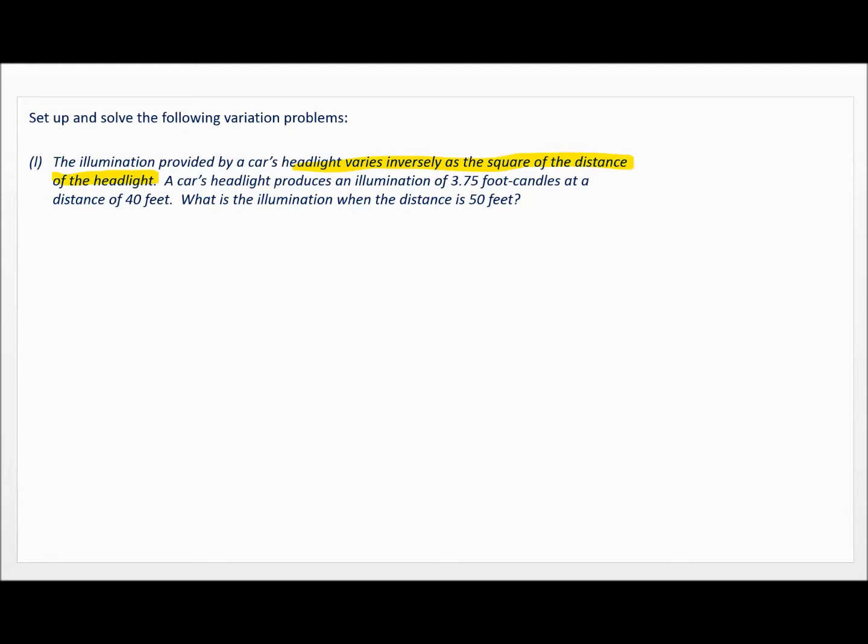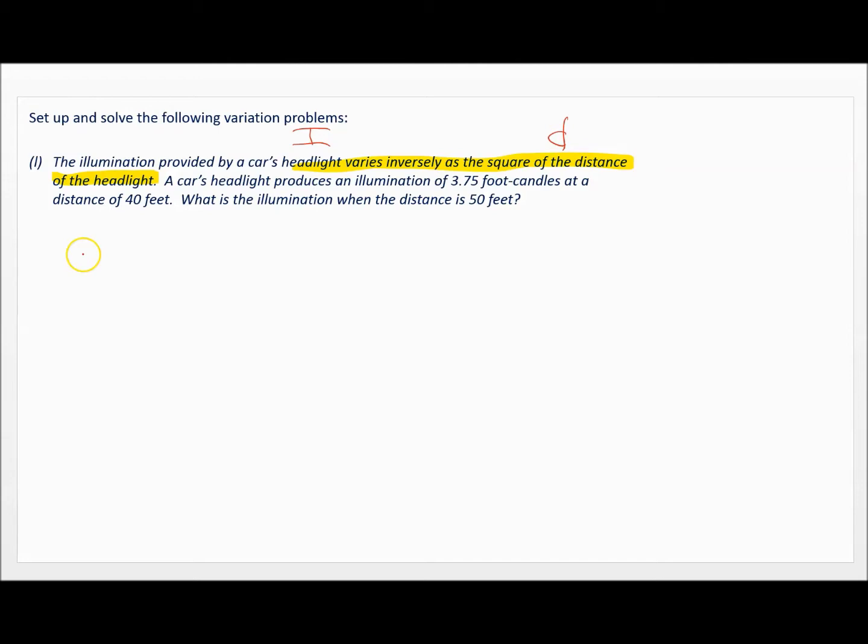Before we read any more, let's go ahead and write that down. Okay, we need some variables. So let's select variables. I think we could use I for illumination or H for headlight if you like. And the square of the distance, let's let D be distance.